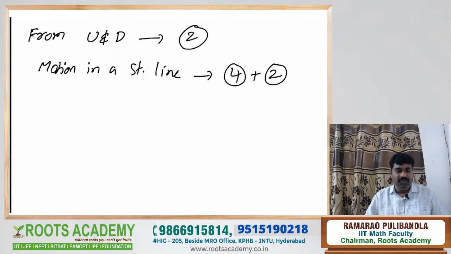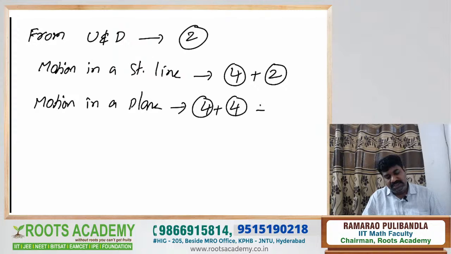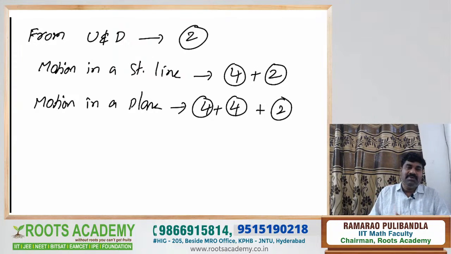Motion in a plane is the most important one, with a minimum of one 4 marks question, or there may be two 4 marks questions and one 2 marks question.